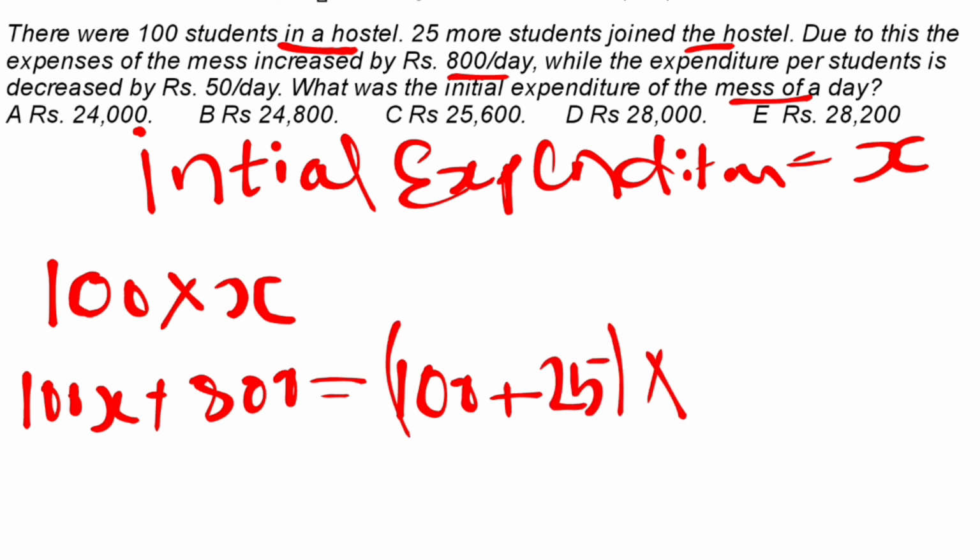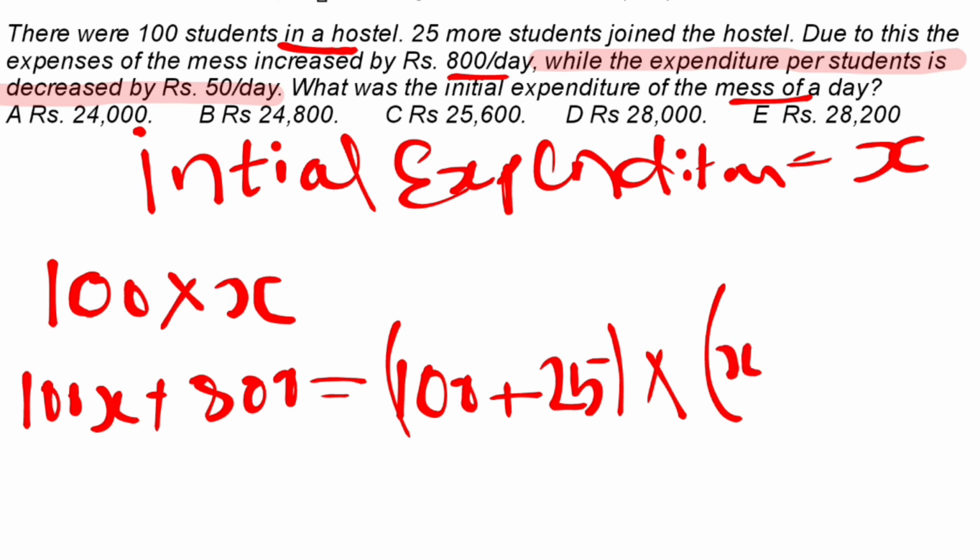While the expenditure decreased by 50 per day, the initial expenditure X becomes X minus 50.